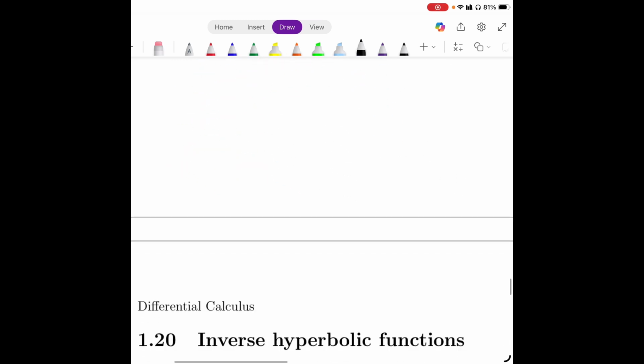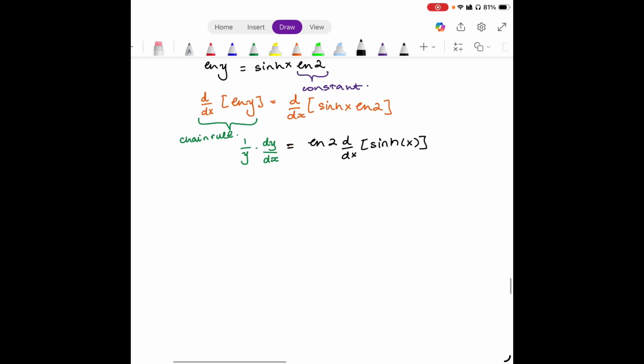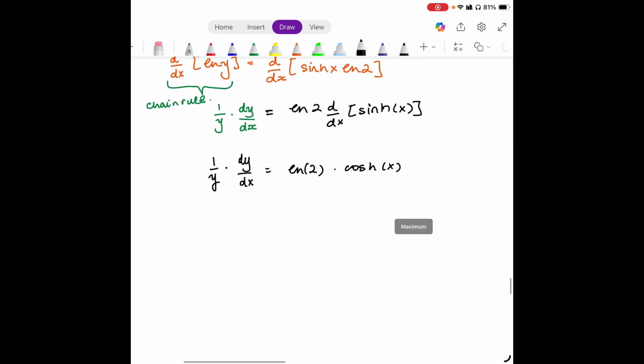Then you get 1 on y times dy dx is equal to log 2 times the derivative of sine x, which is cos x. Okay, easy.